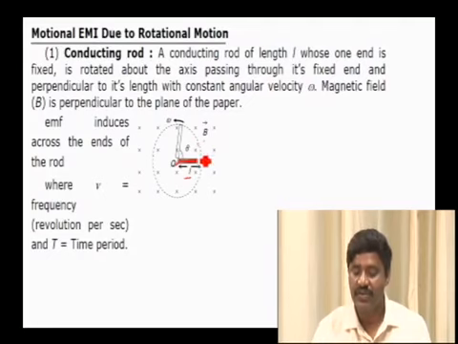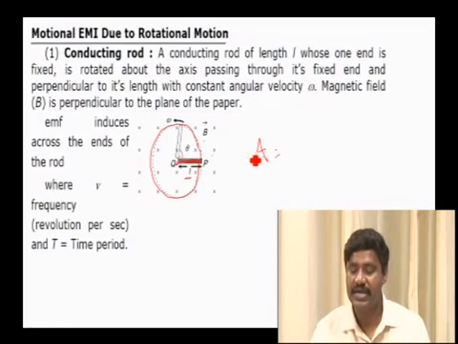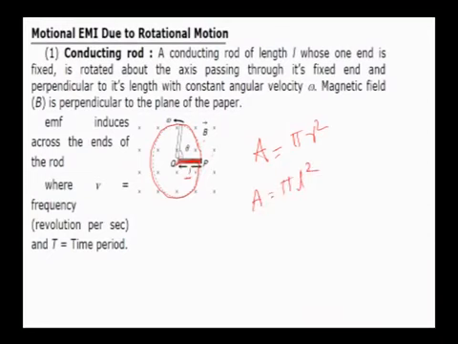When this conductor describes one circular motion in a given time, it has described some area. The area described by this conductor is the area of a circle, which is equal to pi r square. But r is nothing but the length, so A is equal to pi into L square.